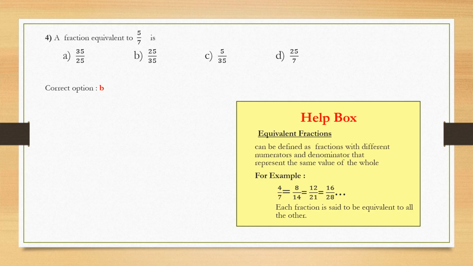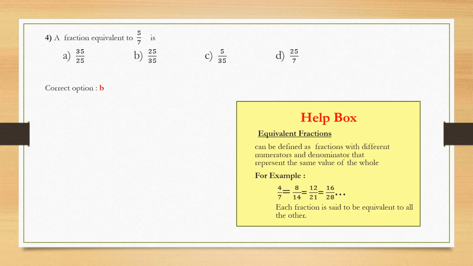Now here, each fraction is said to be equivalent to all the others. Now over here, the equivalent fraction to 5 upon 7, try to solve. Okay, I come to option B, that is 25 upon 35.